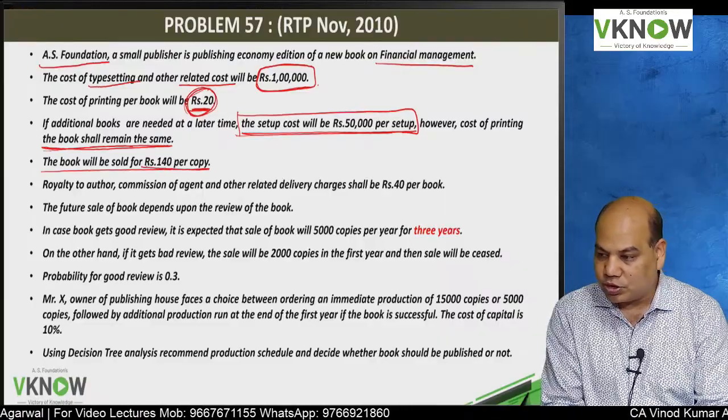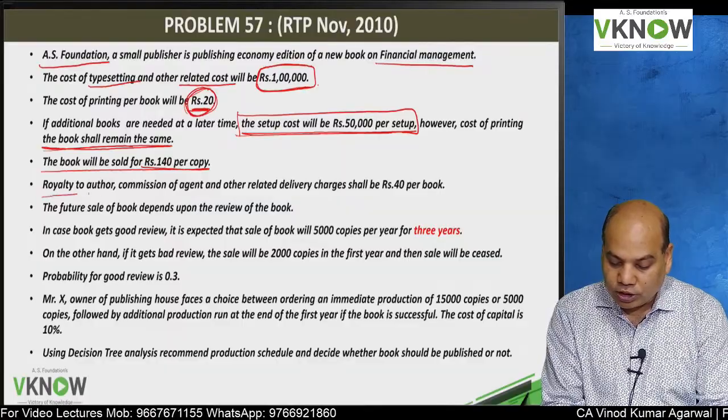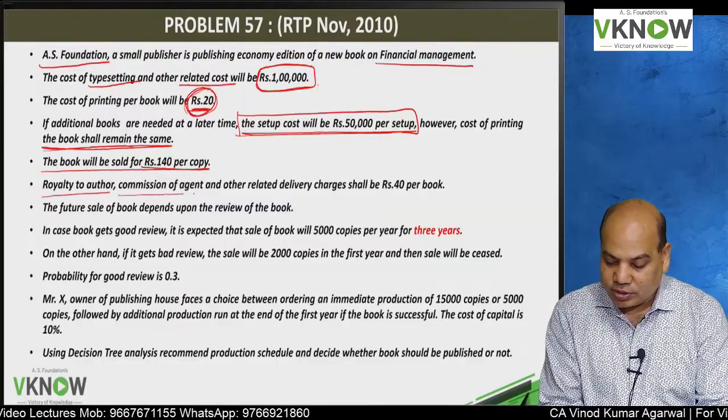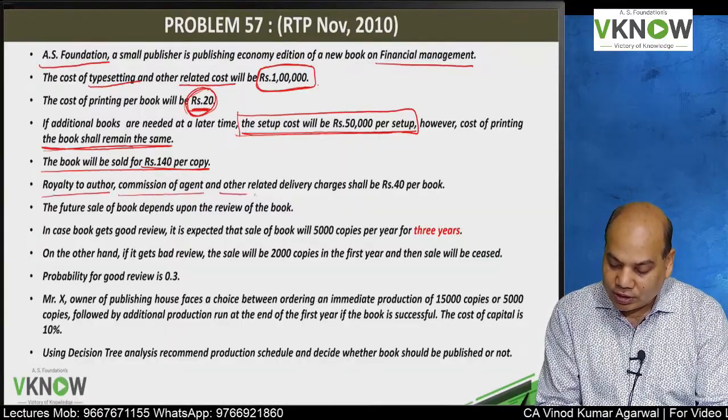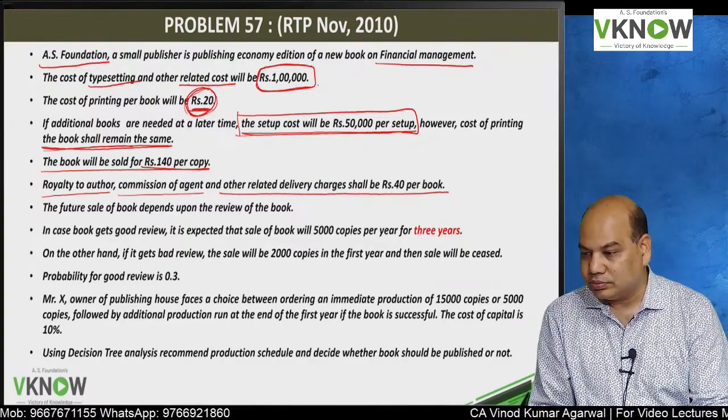Selling price of the book is 140 rupees per copy. Royalty to author, commission of agent and other related delivery charges will be 40 rupees per book.